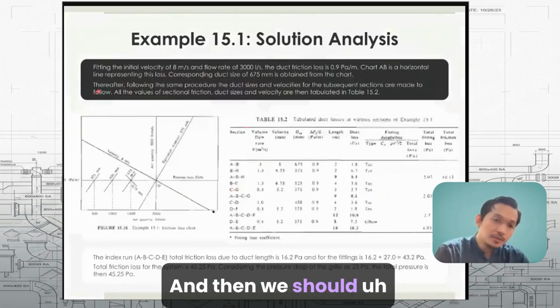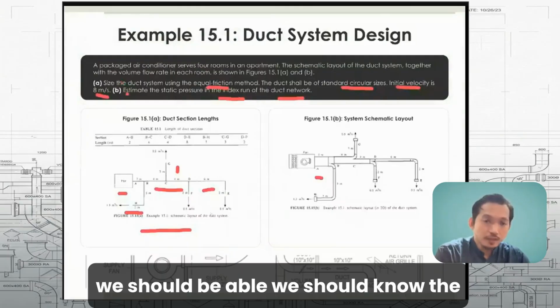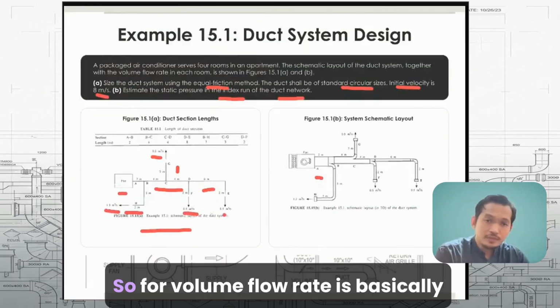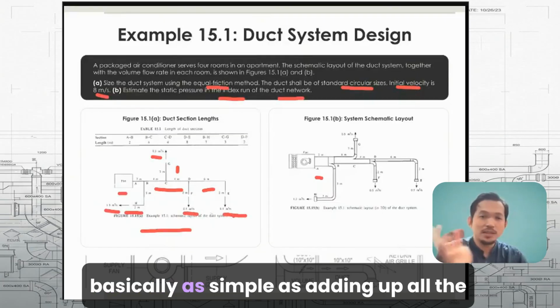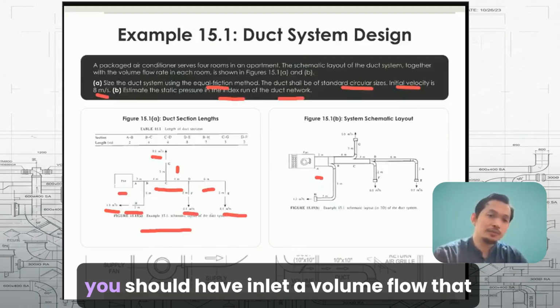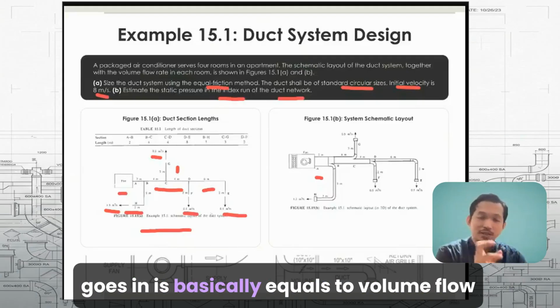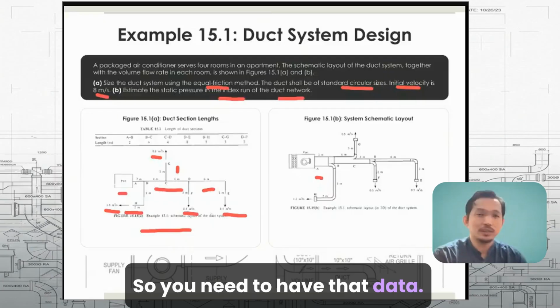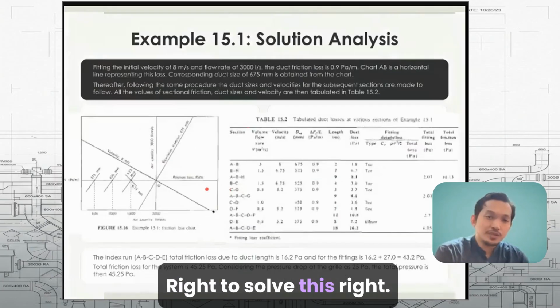And then we should know the volume flow rate. For volume flow rate, it's as simple as adding up all the volume flow rate at the outlets, and then the volume flow that goes in is equal to the volume flow that goes out, right? So you need to have that data.